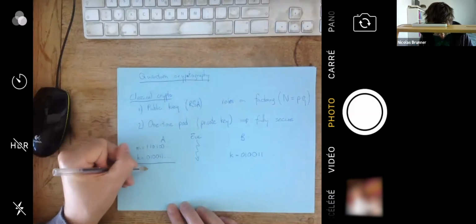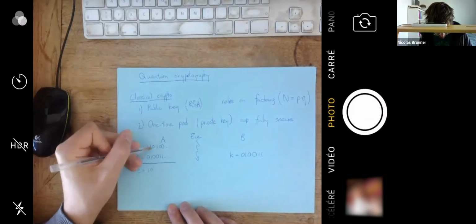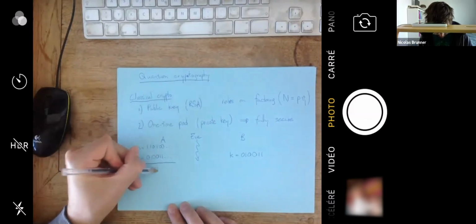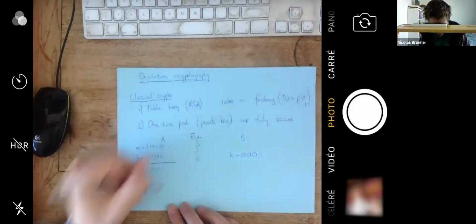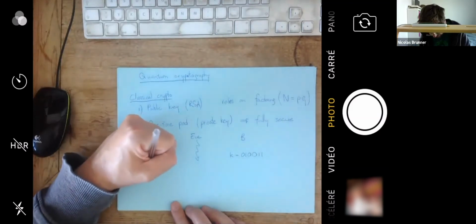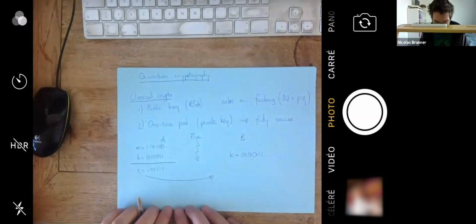So 1 plus 0 gives me a 1, 1 plus 1 gives me a 0, 0 plus 0 gives me a 0, 1 plus 0 gives me a 1, 1, and 1, okay? And so on. Now it is this encrypted message E that will be sent over to Bob, okay?